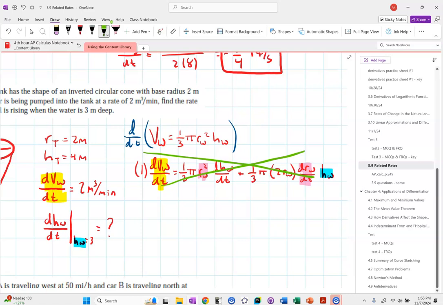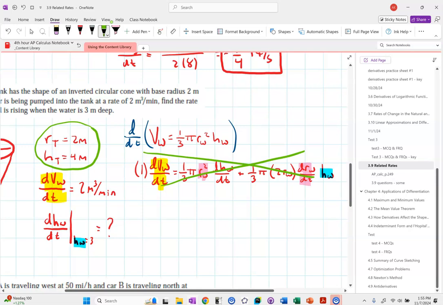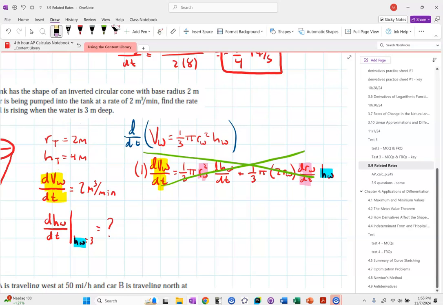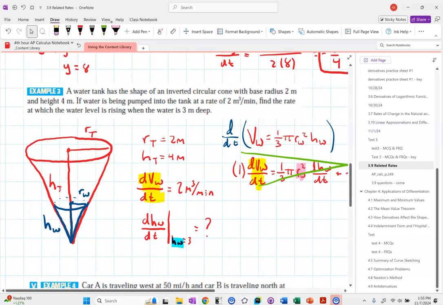What information hadn't we used to this point? This. Guess what we're going to need that for? Right now. Yeah. So, what other relationship do you notice that's existing between the big cone and the little cone? They're similar in what sense?